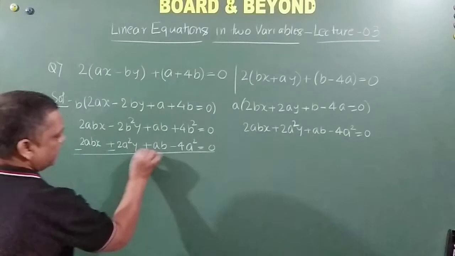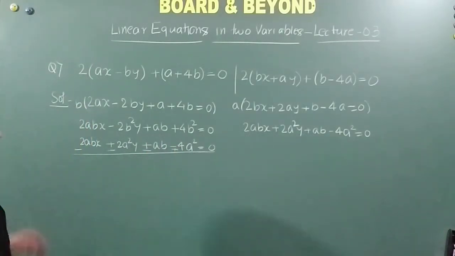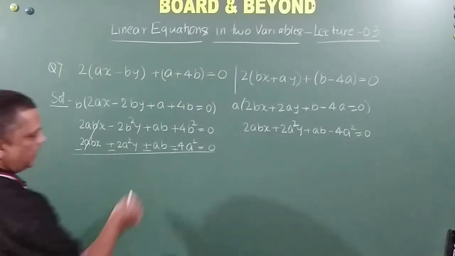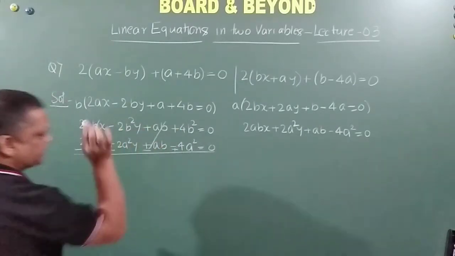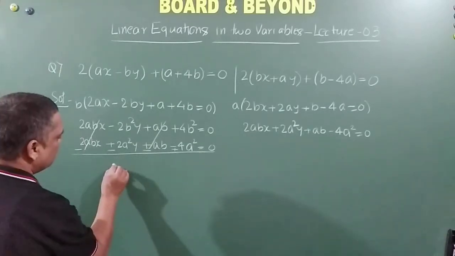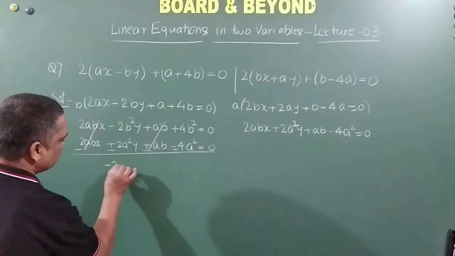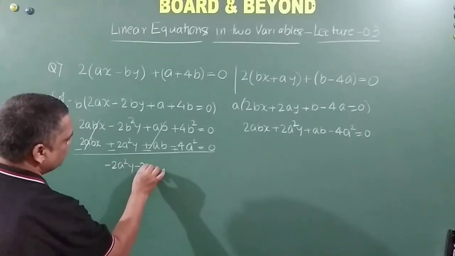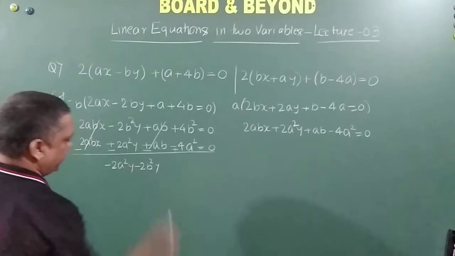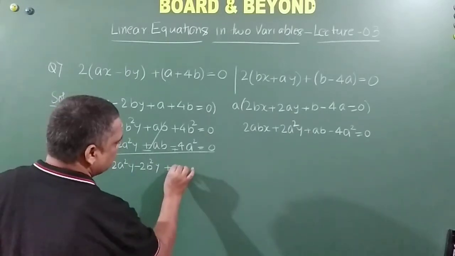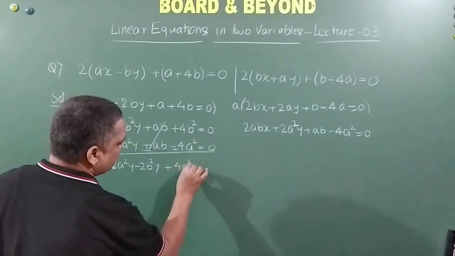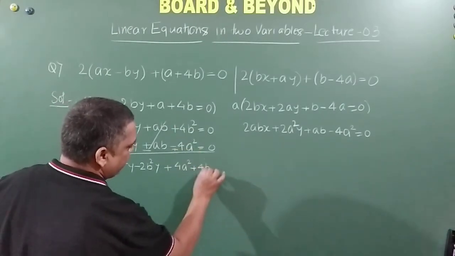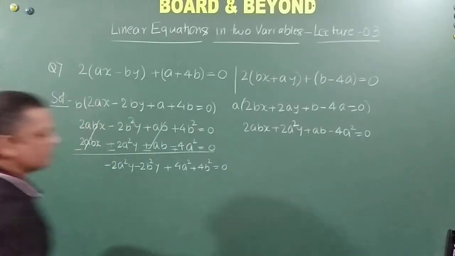Minus, minus, minus, plus. So what happens friends now? This gets cancelled, and at the same time, this also gets cancelled. So remaining is 2a square y minus 2b square y plus 4a square plus 4b square is equal to 0, right?